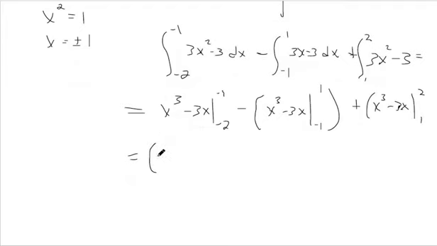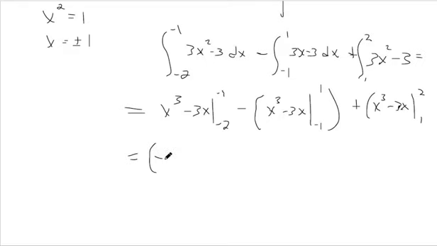If you plug in -2, -2 to the third is -8. -3 times -2 makes +6. Not sure why that took me so long to think about. Wait, oh, I plugged in -2 first. I'm very sorry. You're supposed to plug in the higher part first, the top part of the limits of integration.